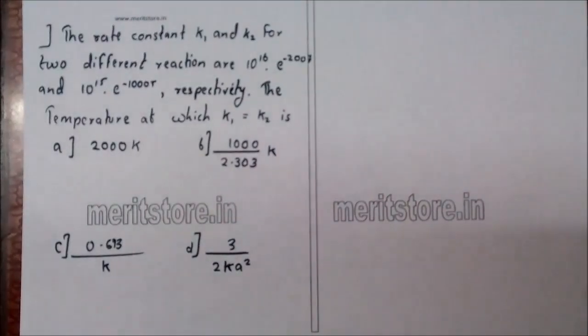So our next question is, the rate constants K1 and K2 for two different reactions are 10 raised to 16 dot e raised to minus 2000 upon T and 10 raised to 15 dot e raised to minus 1000 upon T respectively.